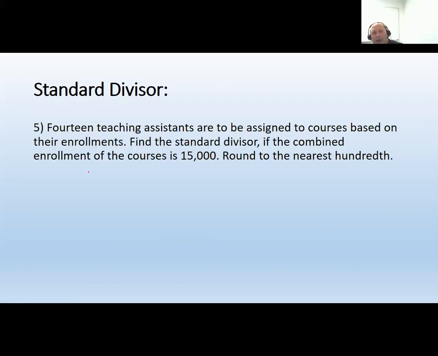So the standard divisor is basically the total population of whatever you're allotting, whatever you're pulling from as your population, divided by the total number of items to be apportioned.